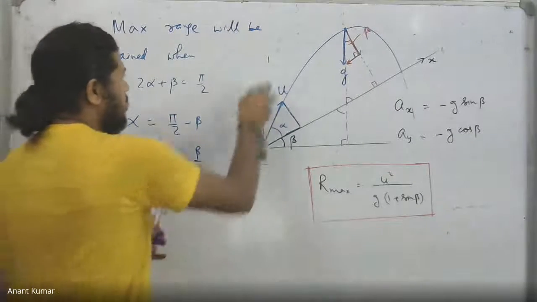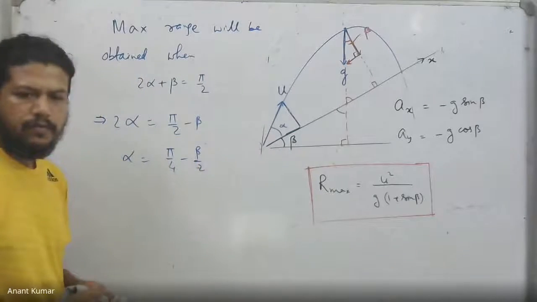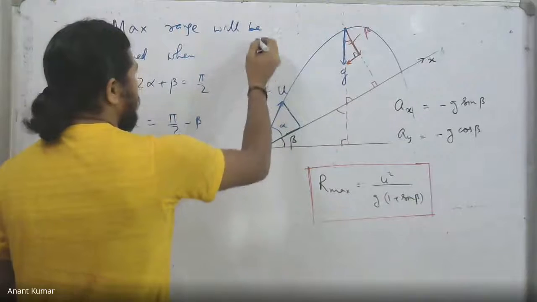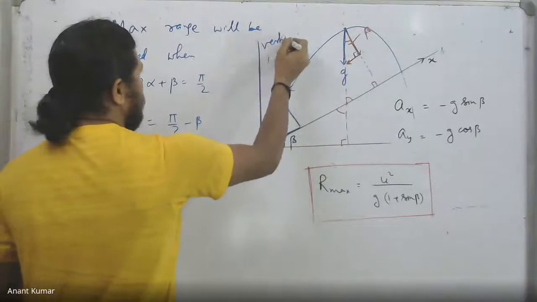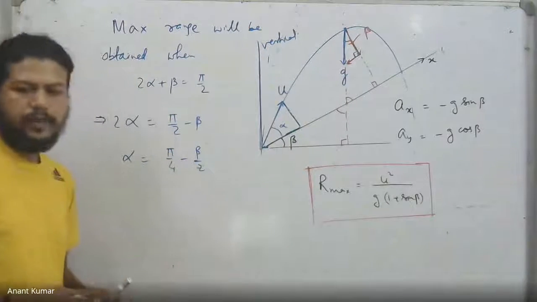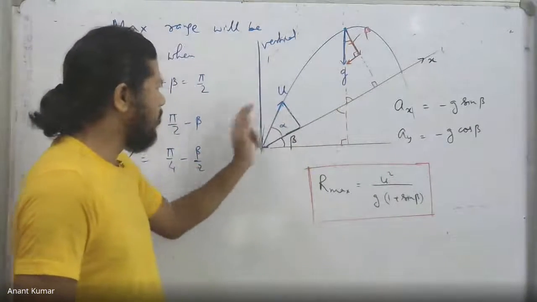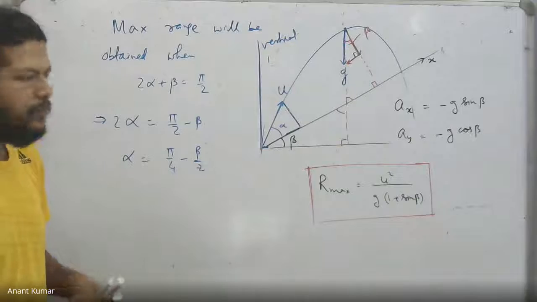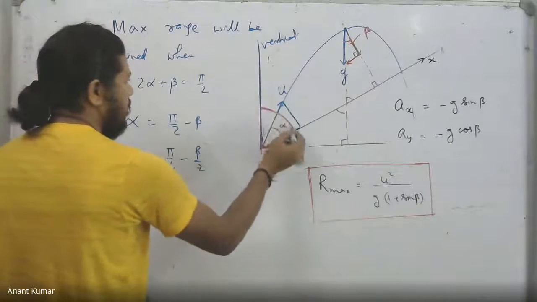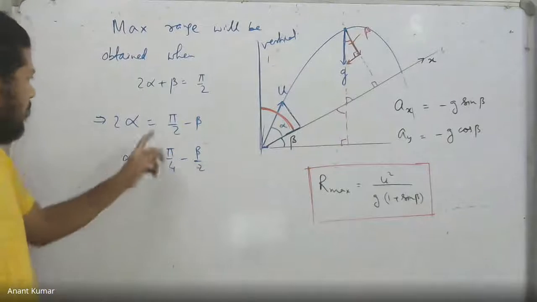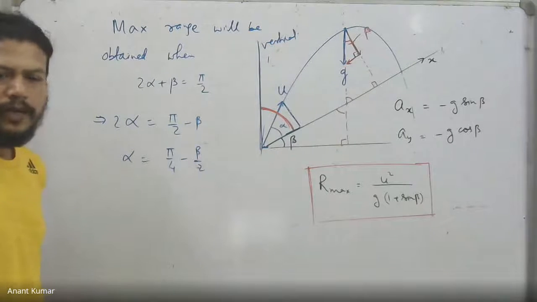If I consider the vertical direction, not the y-axis but the vertical, then we have this vertical and we have the inclined surface. How much is the angle between them? That is nothing but pi by 2 minus beta.